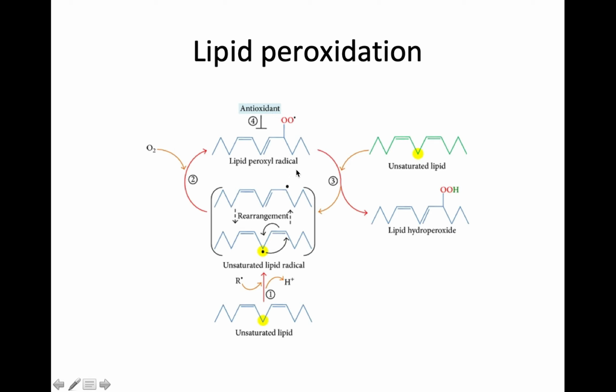This lipid peroxy radical can sometimes be neutralized by antioxidants such as vitamin E. But in addition, the lipid peroxy radical can react with another non-oxidized, unsaturated lipid molecule and produce one more molecule of the unsaturated lipid radical, while the lipid peroxy radical is converted into lipid peroxides.